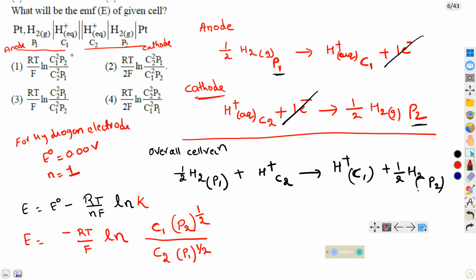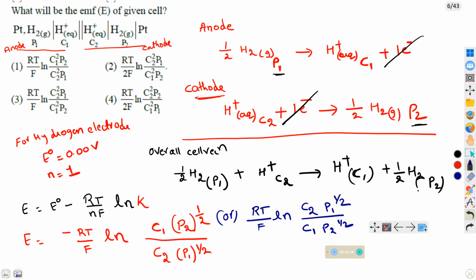Here options are given in positive terms, so it can also be written as RT by F ln C2 P1 whole power 1 by 2 divided by C1 P2 whole power 1 by 2. Now check it.